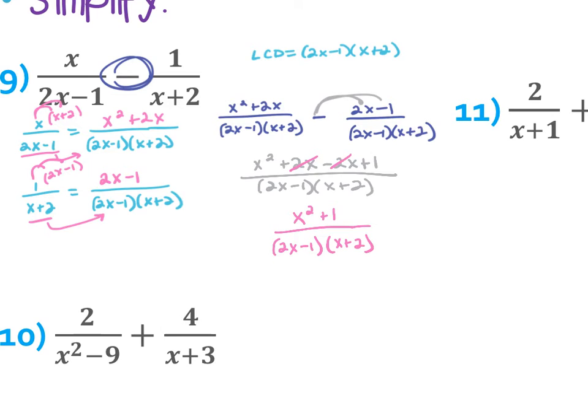The numerator cannot be factored, so I can't simplify. Restrictions would be that x cannot equal 1/2 and x cannot equal negative 2. Questions on that one?